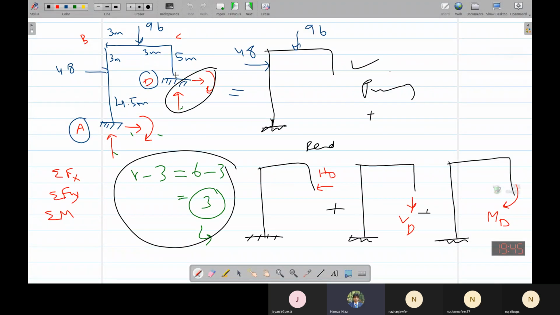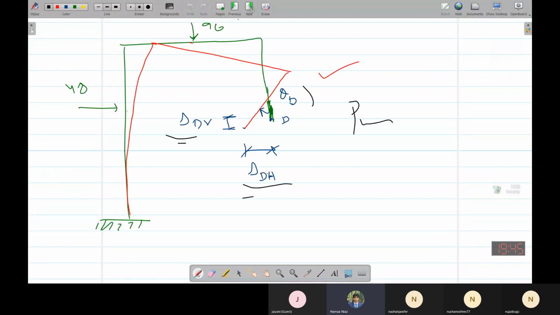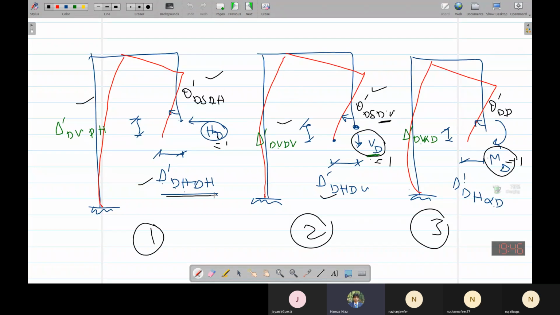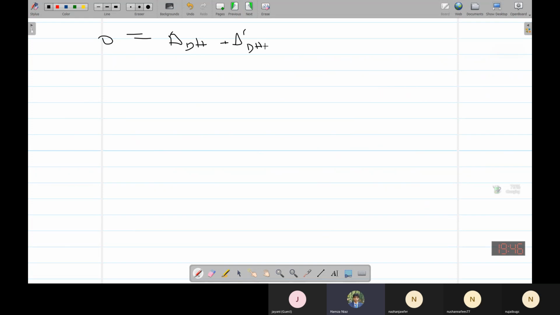We have not written it for this structure. We can write something like this. The deflection at this point is 0, so we can write 0 is equal to... First we are equating the horizontal displacement, so we can write delta dh, then delta dash dh dh, delta dash dh dv, delta dash dh alpha d.